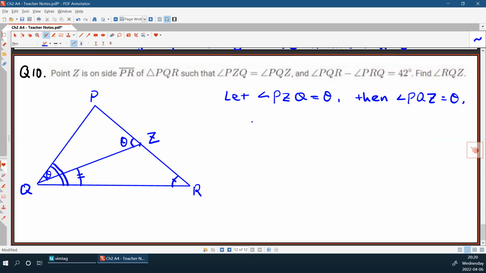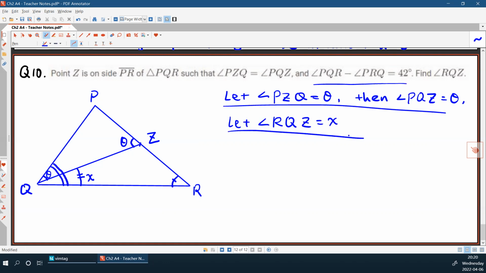And let's consider this equation. Okay, let angle RQZ be X. Again, this is just to facilitate our discussion.